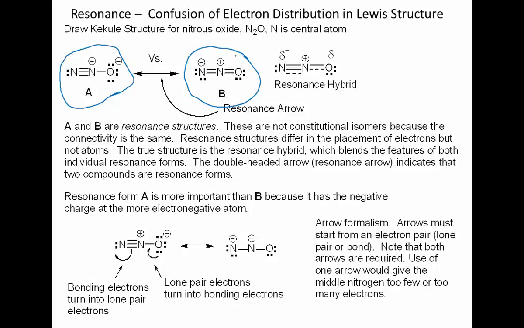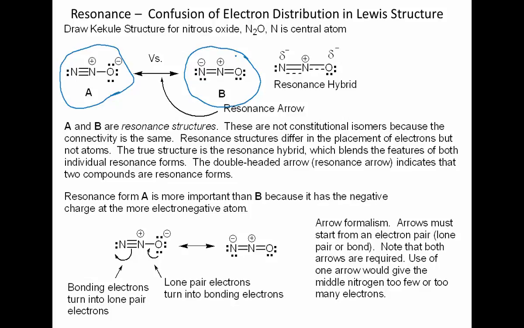Resonance structures are not constitutional isomers because of the identical connectivity, but they differ in where we place the electrons. So resonance structures differ in the placement of electrons, but not atoms. Okay, if we ask what the compound looks like, there's a way to actually take a picture of a molecule called X-ray crystallography.